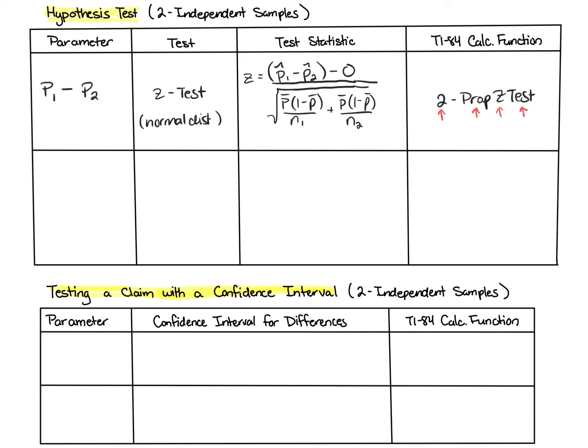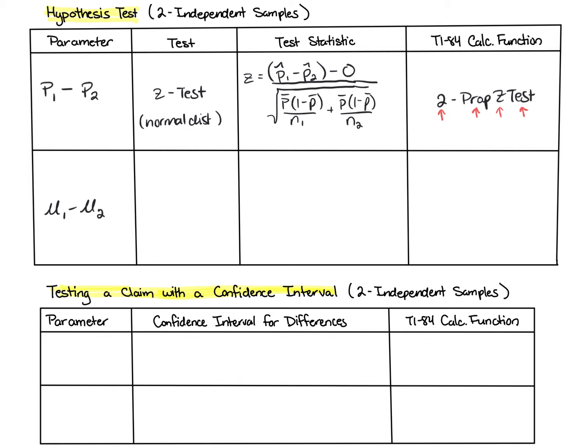Okay, anytime the parameter is dealing with a population mean, so for example, you want to know if there is a significant difference between two population means, then this is where you're going to use the parameter mu1 minus mu2.